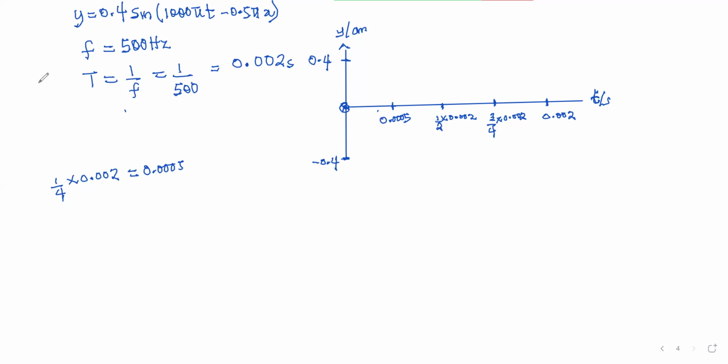What is half of 0.002? This would be 0.001. So this is 0.001. Then 3/4 of 0.002.